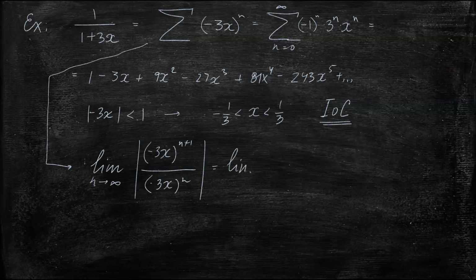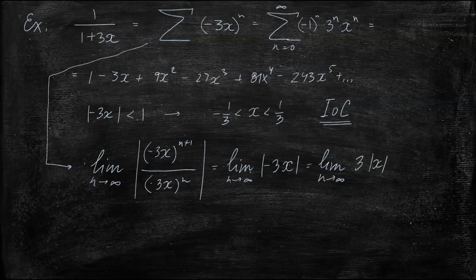and if we find it, we'll see that we're going to have the absolute value of negative 3x here, but remember the absolute value of a negative number is just the absolute value. So in this case the absolute value of negative 3 is 3.